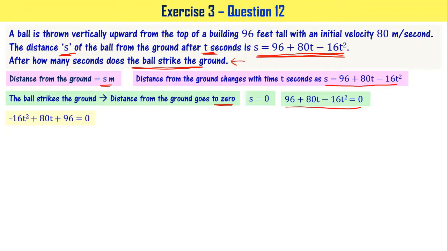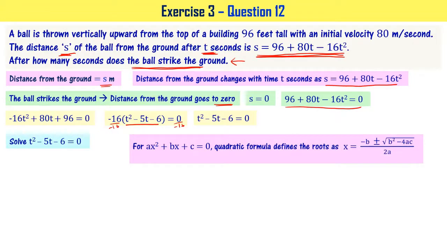I can take minus 16 as the common factor out, so let me divide both sides by minus 16 so that the equation becomes t square minus 5t minus 6 equal to 0. We have to solve this equation. For that, we are going to make use of the quadratic formula. To solve this equation, we have to know the values of a, b, c.